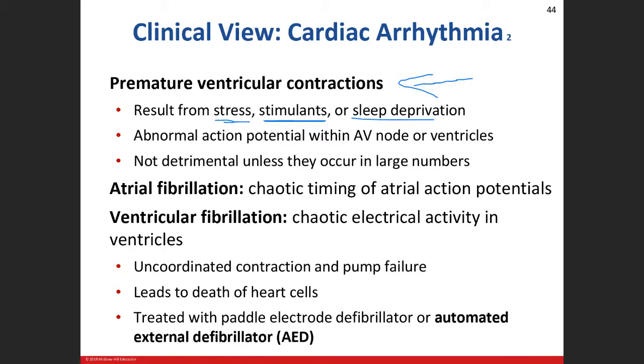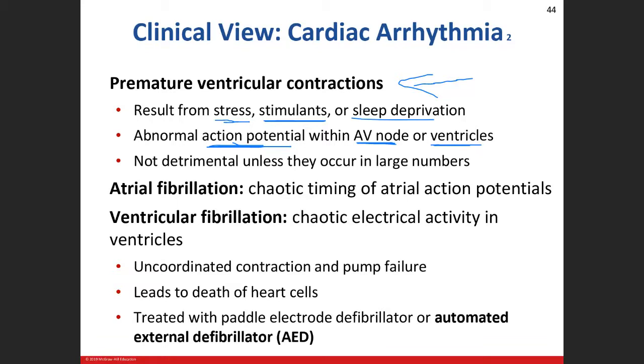When we get these, something is up with those action potentials, and it usually has to do with the AV node or the conduction system in the ventricles. Most of the time you won't even know if you're having one, depending on what the cause is.